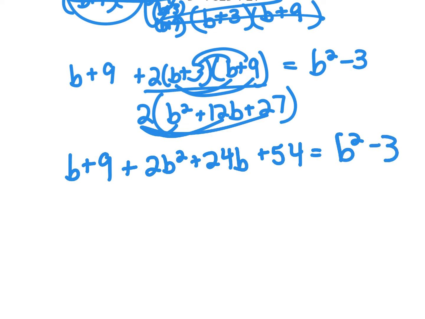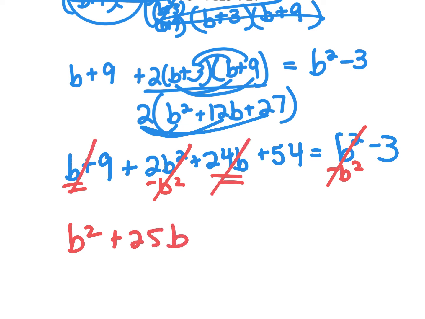And then we just want to get everything on the same side. So I'm going to subtract b squared, and we'd have 1b squared. We're done with those. And then these b's can go together and make 25b.